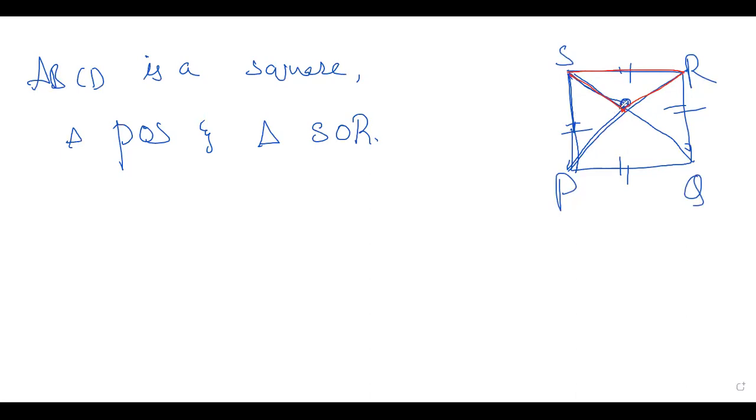Okay, because now we are going to prove this is 90. How will you prove it is 90? If these two are congruent, then by CPCT we can prove the angles at O are equal.